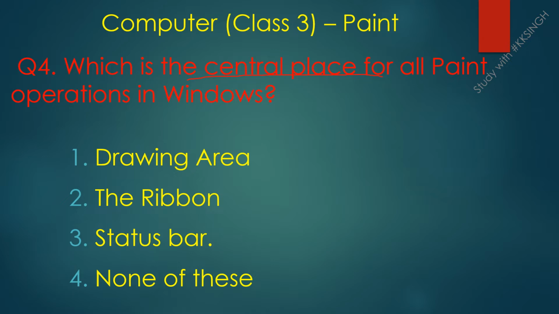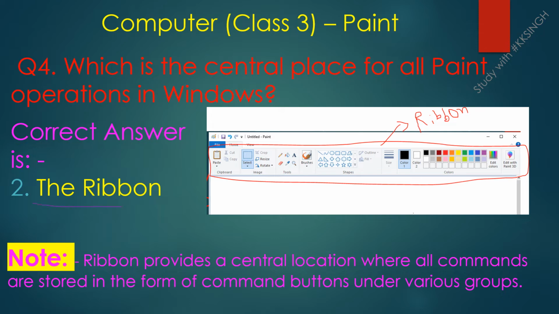Which is the central place of all Paint operations in the window? Drawing area, ribbon, status bar, none of these. Ribbon. The ribbon provides a central location where all commands are stored in the form of command buttons under various groups.